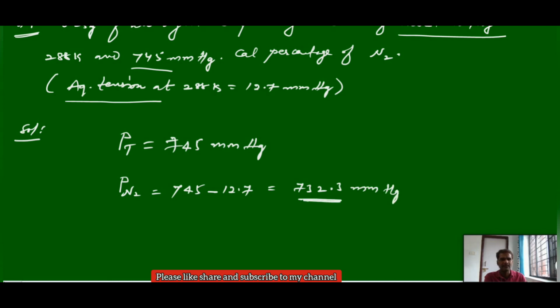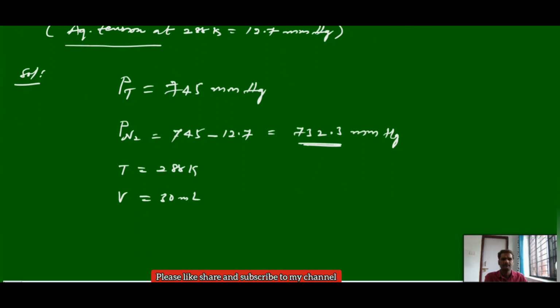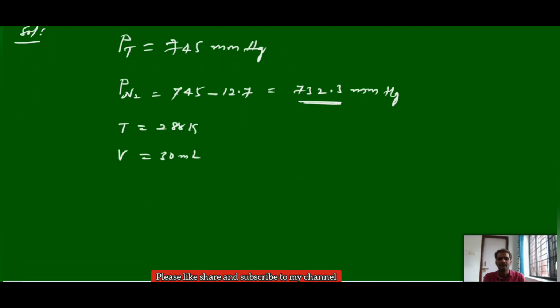Now this is the actual pressure of nitrogen, it is not 745, and this is the pressure at what temperature? Temperature is given 288 Kelvin. Then volume of nitrogen at that temperature and that pressure is 30 ml. This is the data provided.